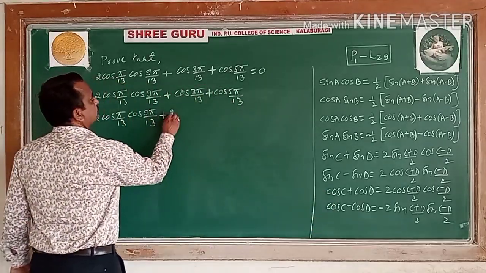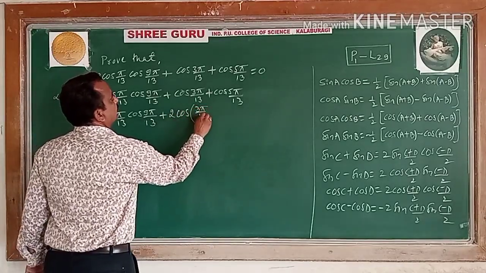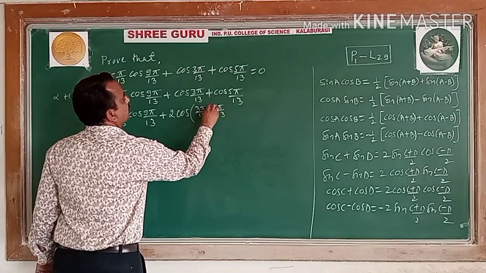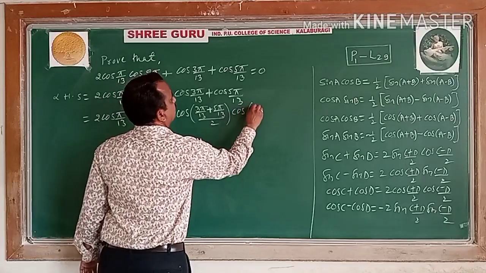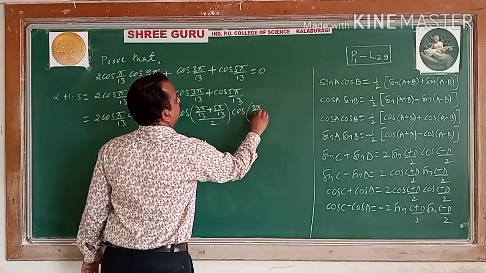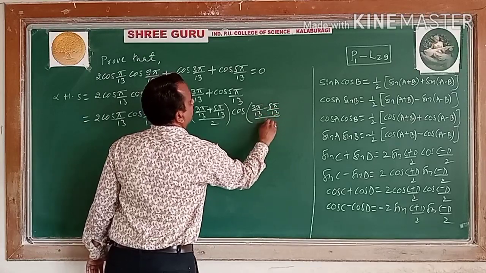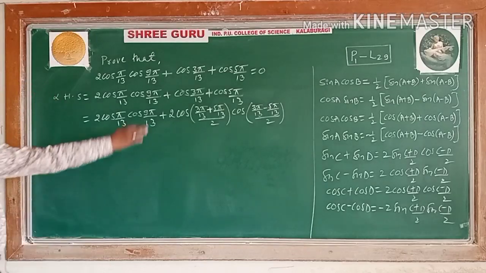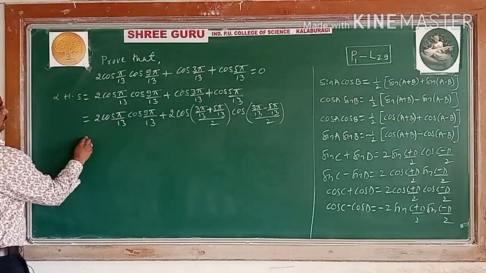Both cos C plus D by 2 into cos C minus D by 2. Here we have applied the sum formula cos C plus cos D for the last two terms.